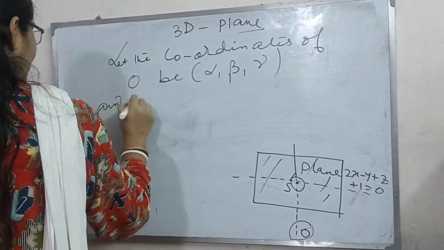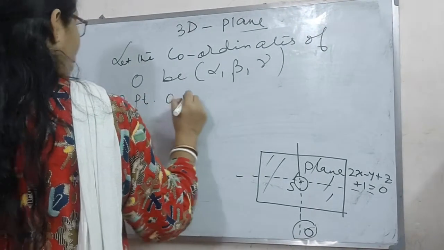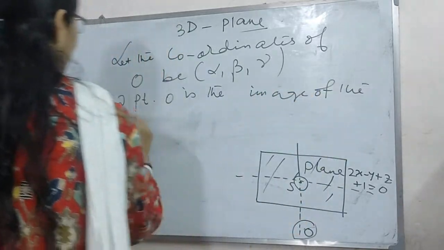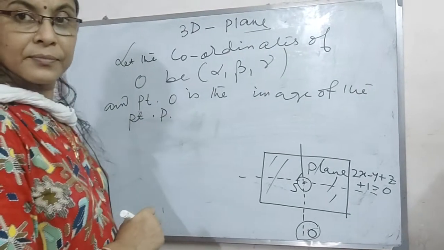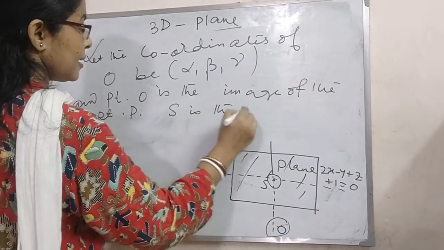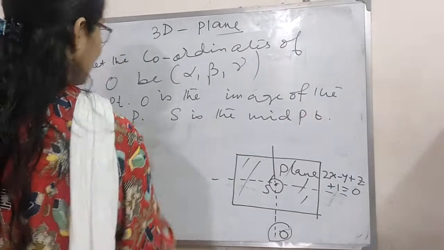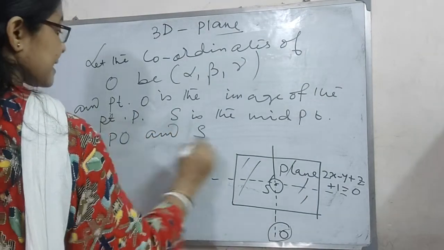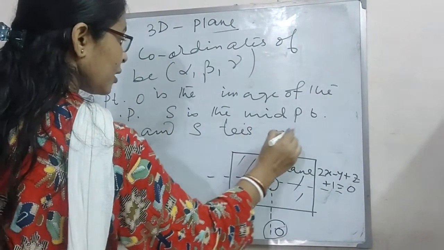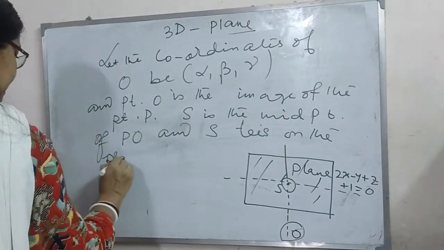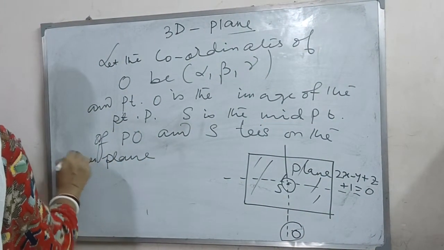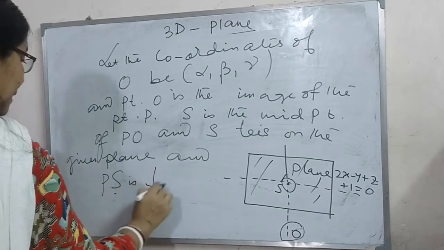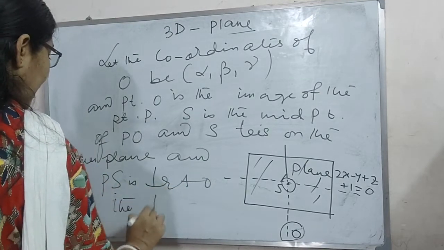Point O is the image of the point P, S is the midpoint of PO and S lies on the given plane, and PS is perpendicular to the plane.